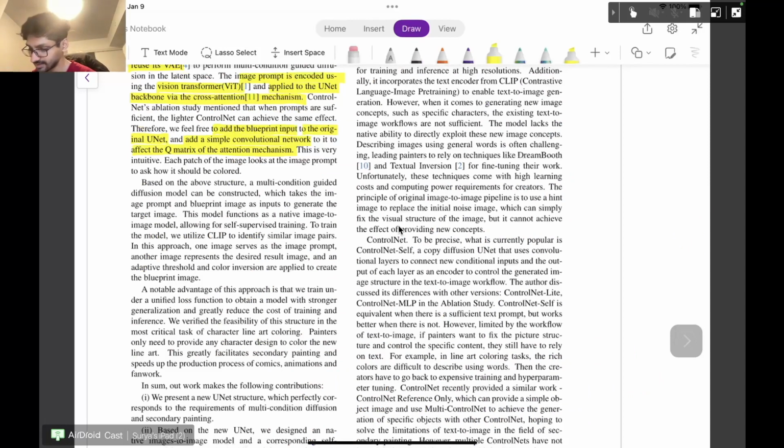And how do they get their training data for this? So they have a big data set of images, and the way they identify similar image pairs is by using CLIP. And then they use these similar image pairs for training of the model.